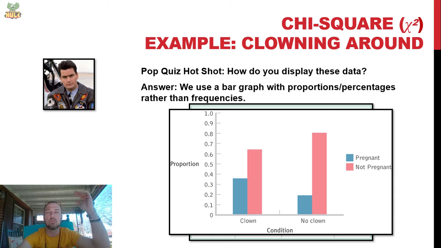That percentage is a little bit more exacerbated over on the other side with the no clown, a smaller proportion becoming pregnant in that particular exposure group. So it's really easy to display these data. And again, we don't want to forget that the whole point of statistics is not just to test our hypotheses, but to be able to display and to convey those patterns back out to other people.